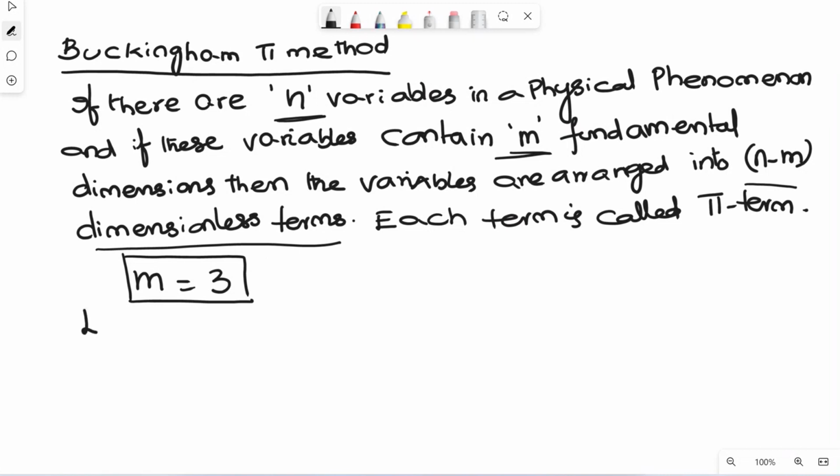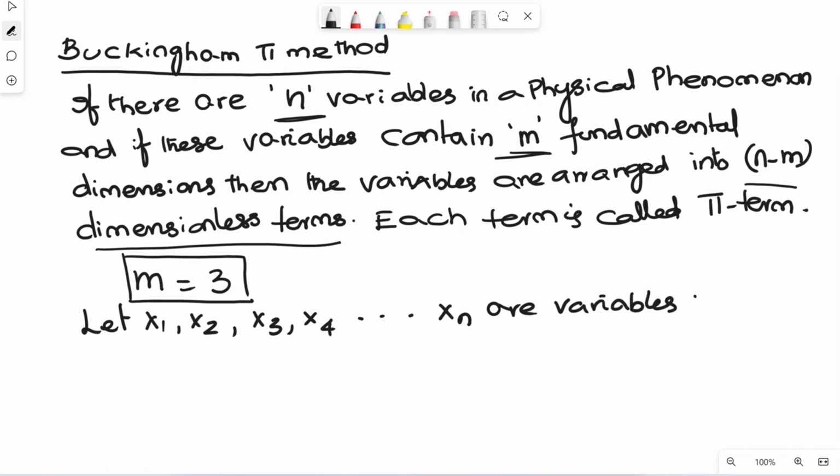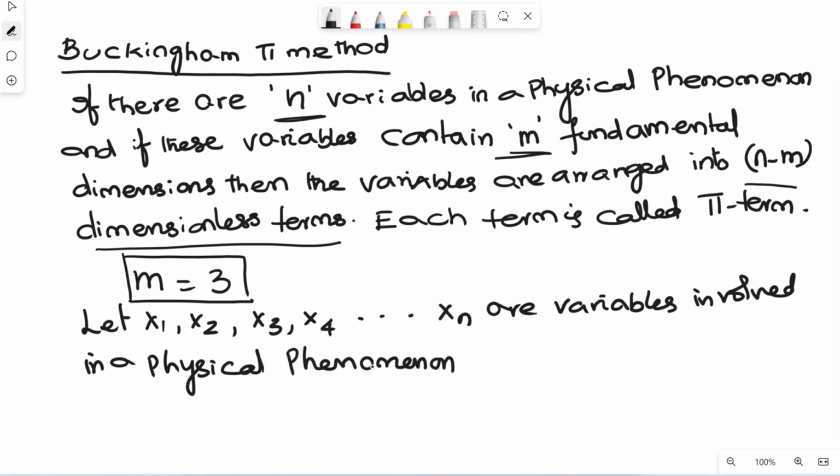For example, let x1, x2, x3, x4, up to xn be the variables involved in a physical phenomenon. Here x1 we call the dependent variable.